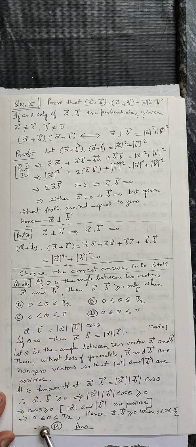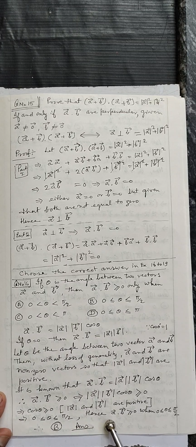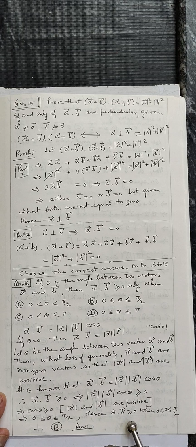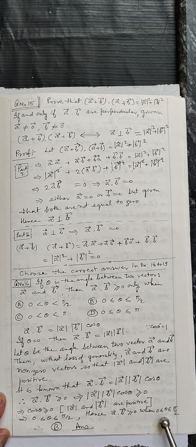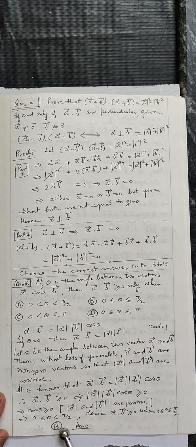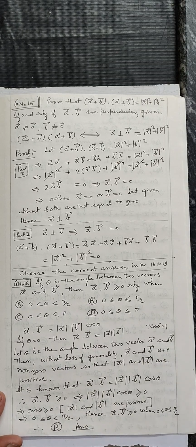So 0 is less than or equal to theta and theta is less than or equal to pi by 2. Hence, the vector A dot vector B is greater than or equal to 0 when 0 is less than or equal to theta and theta is less than or equal to pi by 2. Therefore, option B is the correct option. That's all.